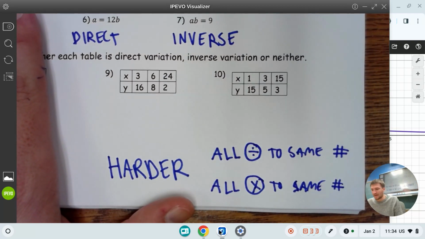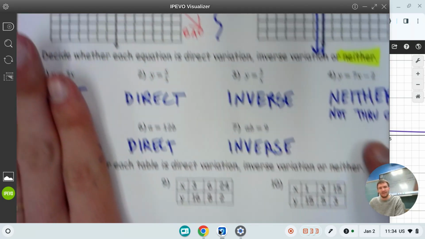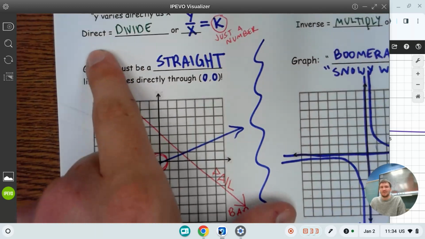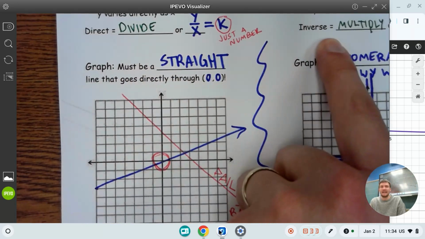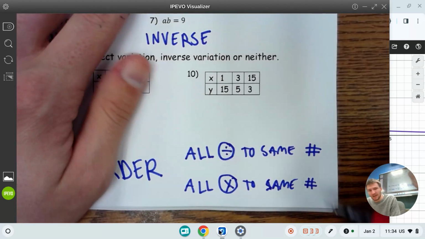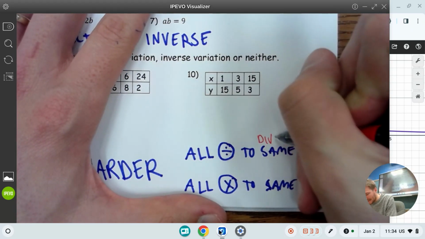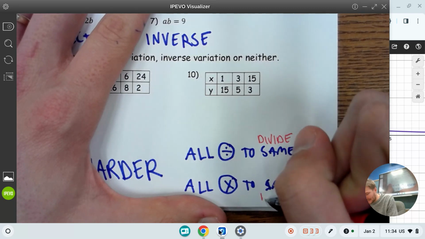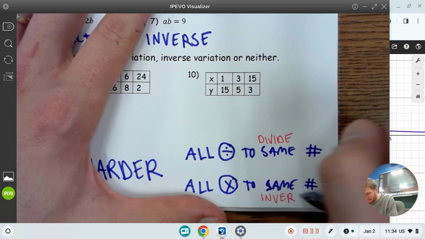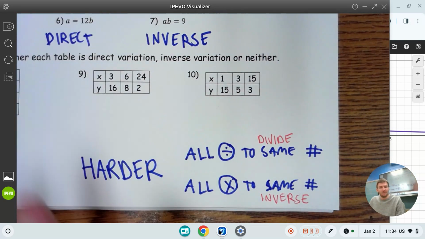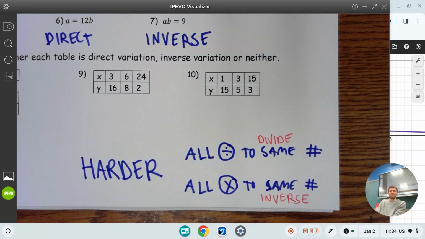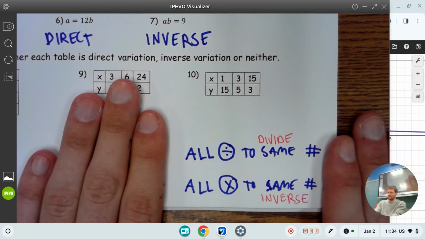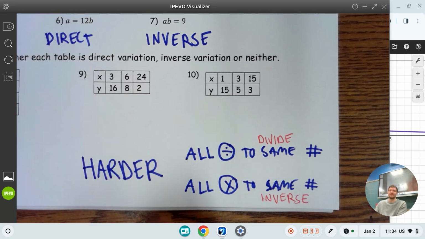And if we remember up at the top, direct means divide and inverse means multiply. If you write this down, this is like the entirety of the rest of the notes.